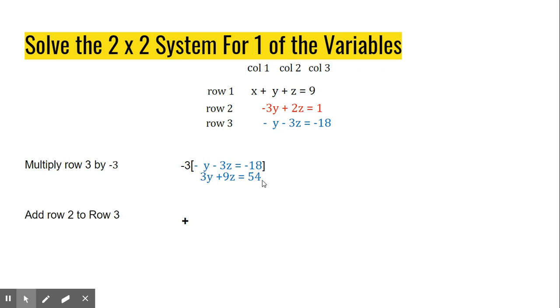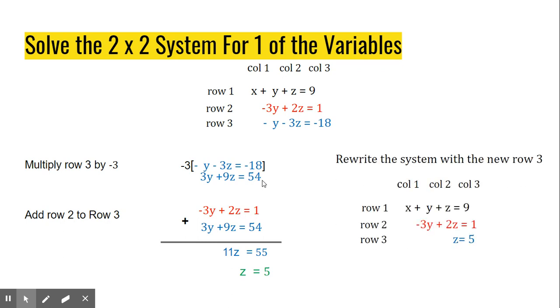And then I'm going to add row 2 with my new equation, and that gives me 11z is equal to 55. And folks, now it's really easy. I just divide both sides by 11 to solve for z. And I find out that z is 5. At this point, rewrite your equation again with your new row 3.